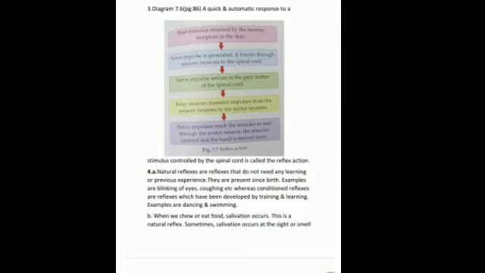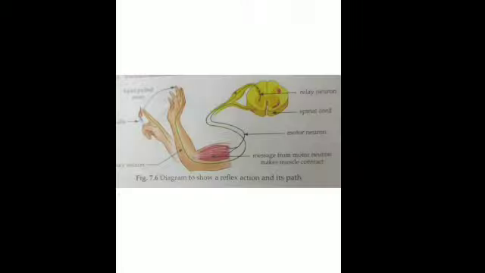So you will draw both the diagrams, that is this particular flow chart and the diagram I am showing to you. This diagram will also be drawn along with question number 3, B part. Is it clear?